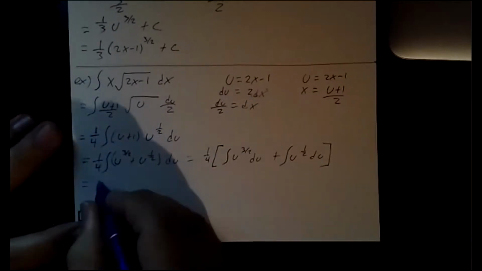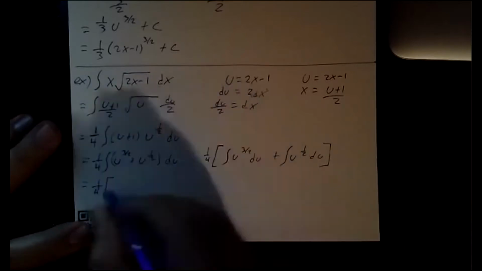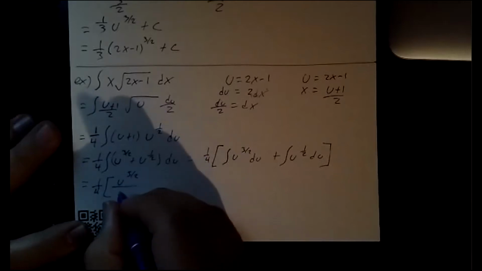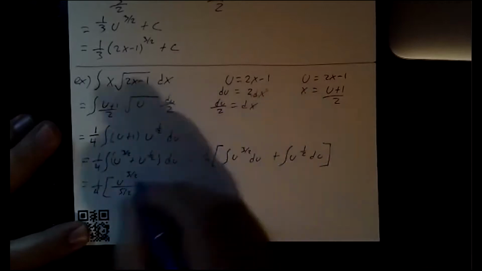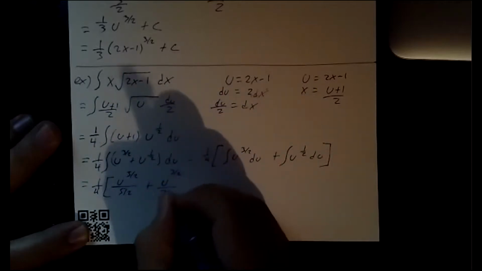So here we go. 1/4 times all this, we're going to have 3/2 plus 1 will be 5/2 over 5/2, plus 1/2 plus 1 is 3/2 over 3/2.